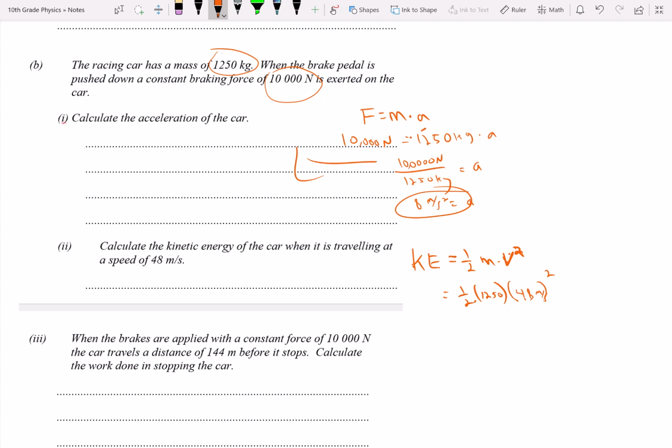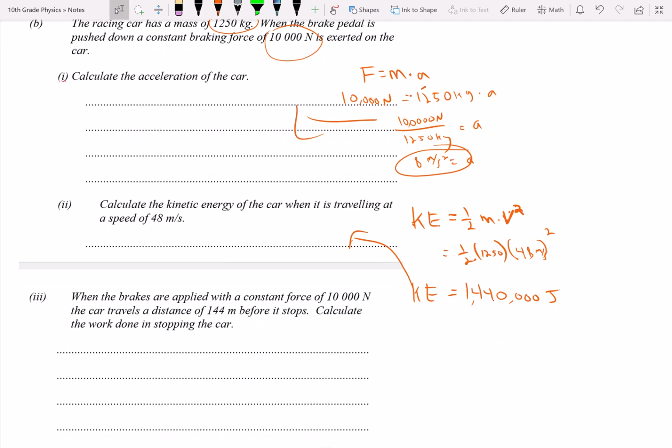It's not that difficult. And you should get the kinetic energy is 1,444,000 joules, right? This thing has a lot of energy, almost 1.5 million joules.